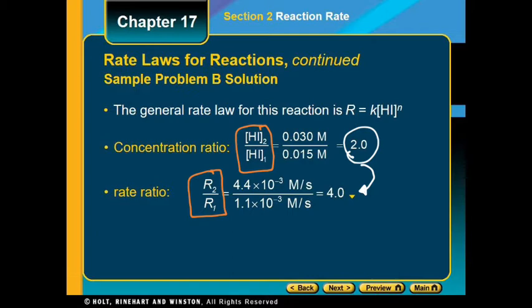So if I divide this out, 4 divided by 2 equals 2, because we do have to account for the fact that we increased the concentration by 2. The overall rate actually doubled with the concentration of HI.